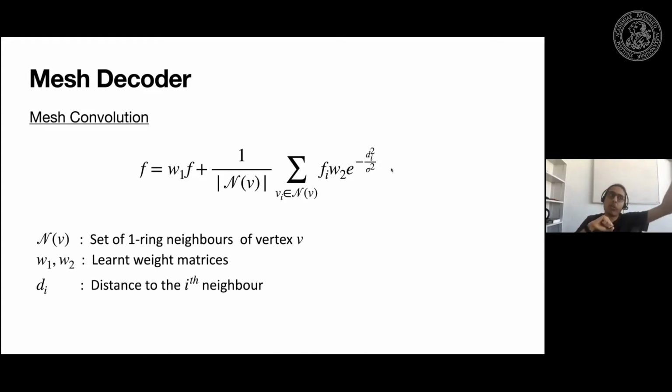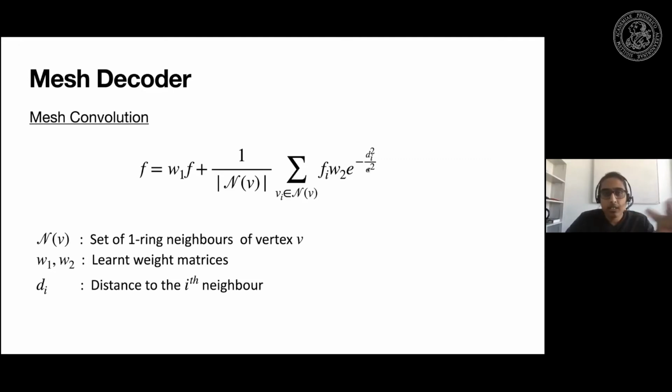If it is too far away, even though it's a one-ring neighbor, its effect is less. But if it's a close vertex, it has more effect on this vertex. This term determines the weight, and this is a constant that determines what is considered far away and what is considered closer. So this is the mesh convolution, or graph convolution, we are using.